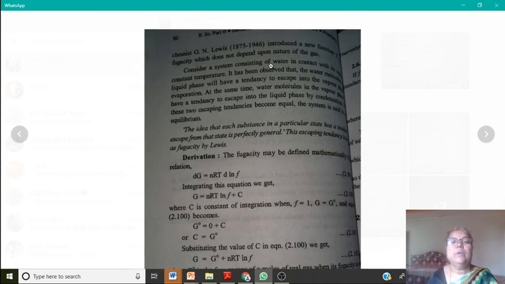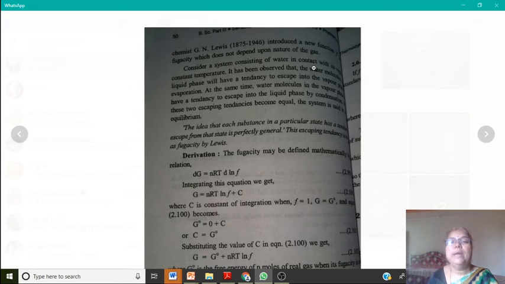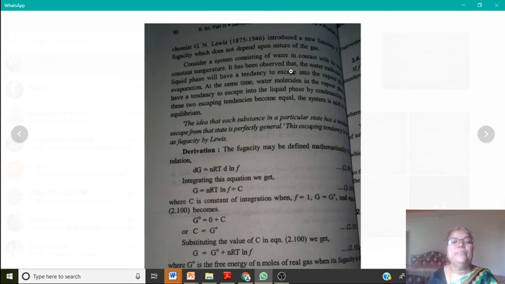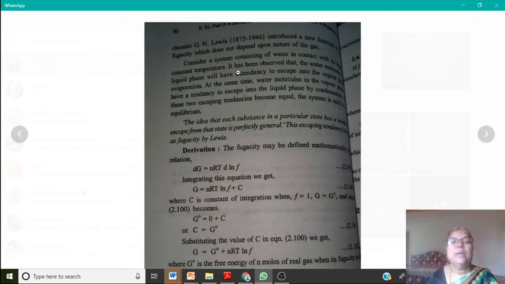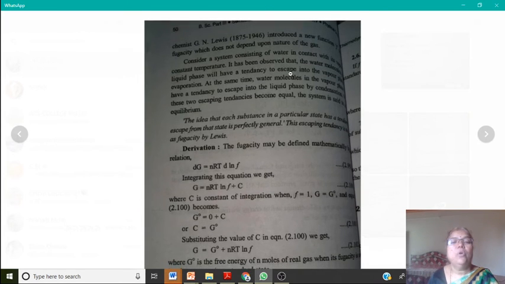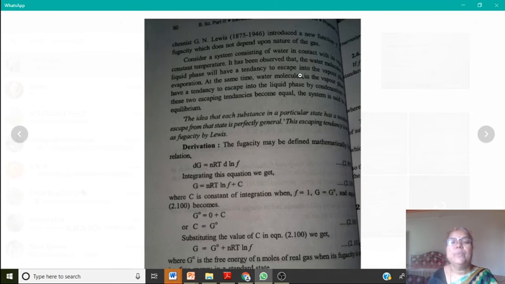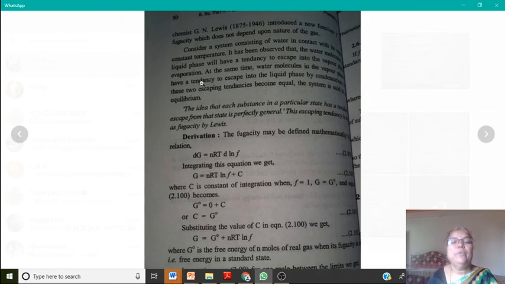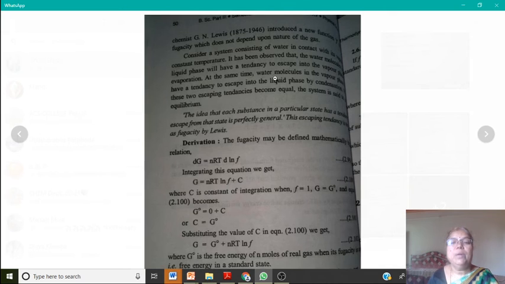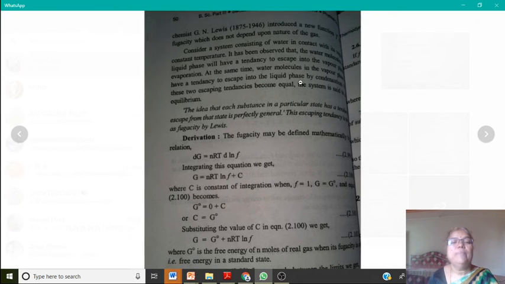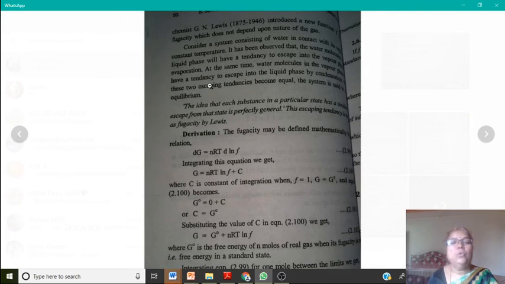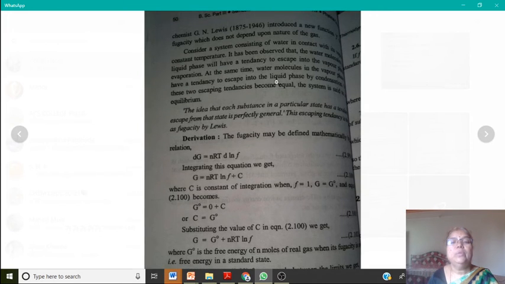Consider a system consisting of water in contact with its vapor at constant temperature. The water molecules in the liquid phase have a tendency to escape into the vapor phase by the process of evaporation. At the same time, water molecules in the vapor phase have a tendency to escape into the liquid phase by condensation.